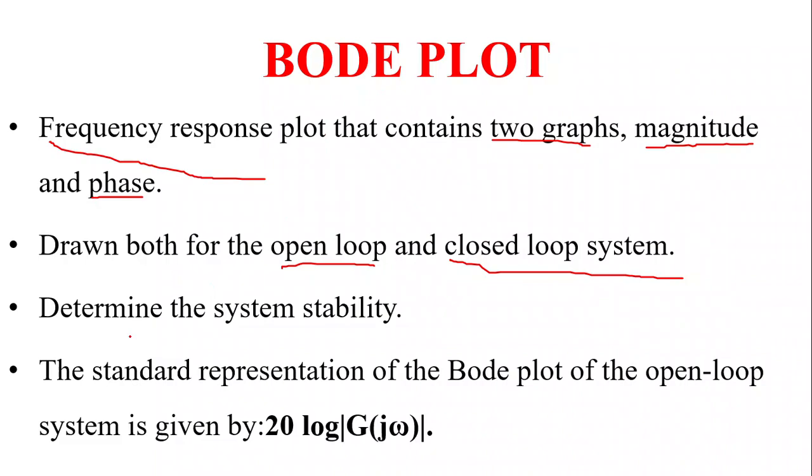Bode plot is used to determine the stability of the systems. And the standard representation of the Bode plot for the open loop system is given by 20 log of the magnitude of G of j omega. So these are all about the introduction of the Bode plot.